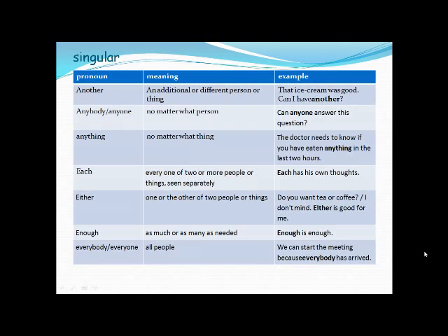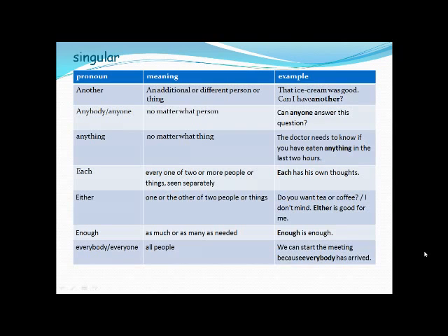Either. The meaning is one or the other of two people or things. For example, do you want tea or coffee? I don't mind. Either is good for me. Enough. The meaning is as much or as many as needed.